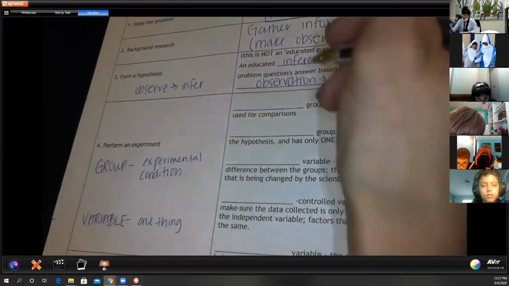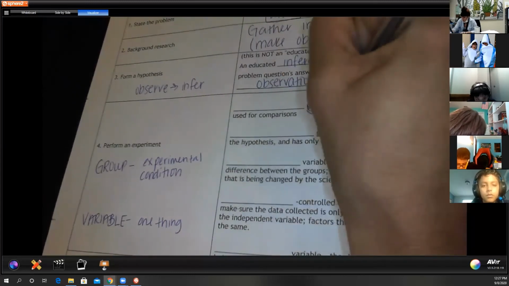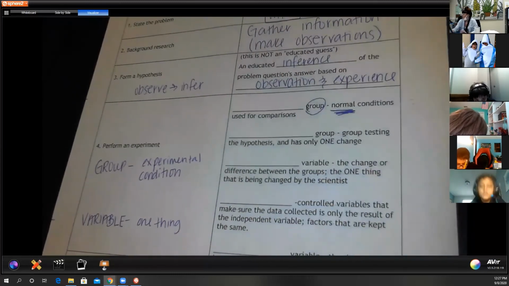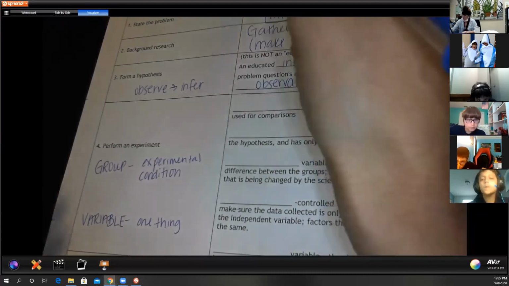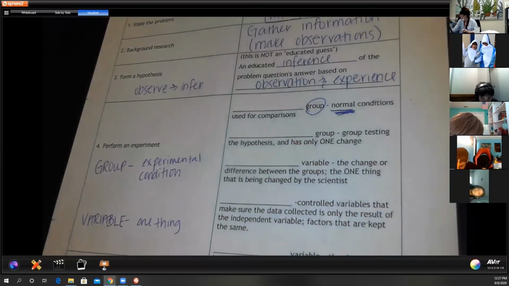So what group is the normal group? Experimental or control, Kyle? Which one is my normal group, the experimental or control? Control, because I'm controlling that it stays the same, right?